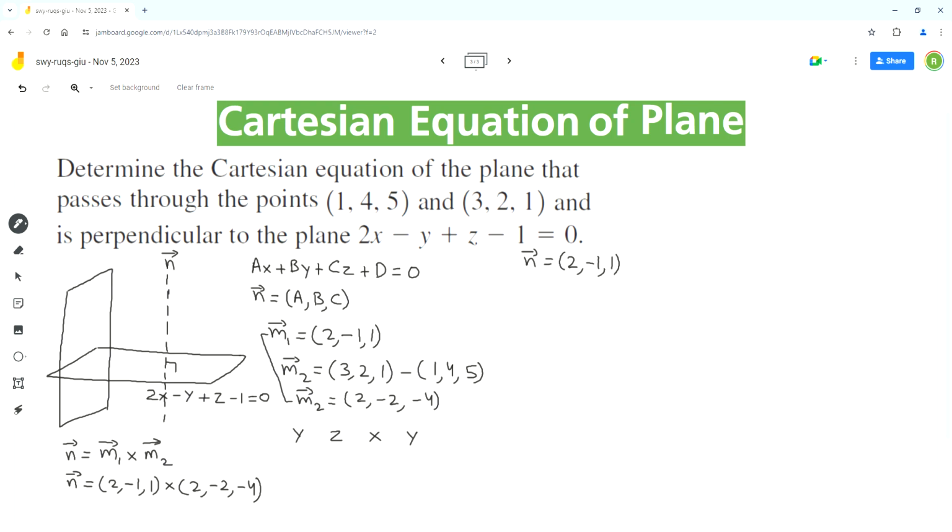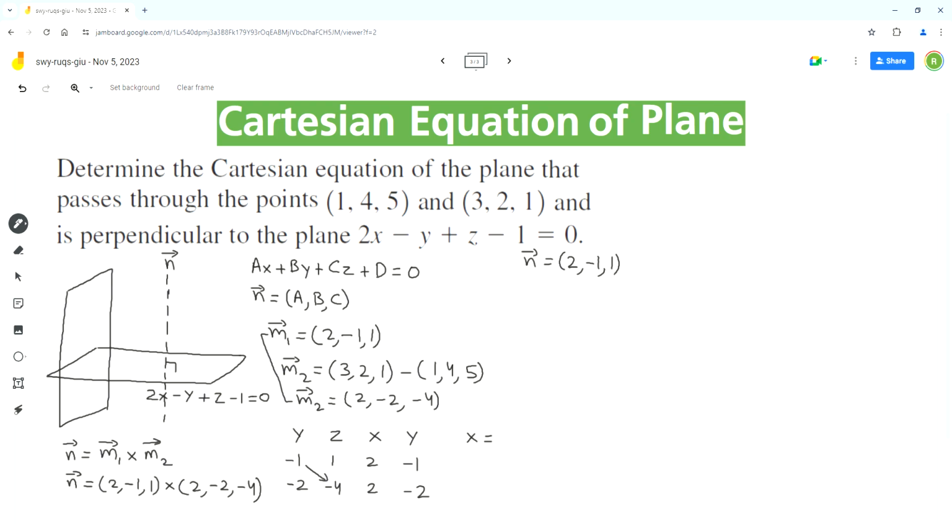For the first vector, the y component is -1, z component is 1, x component is 2, and y component is -1. For the other vector, the y component is -2, z component is -4, x component is 2, y component is -2. Now we can find the x component of the cross product vector by cross multiplying the y and z components.